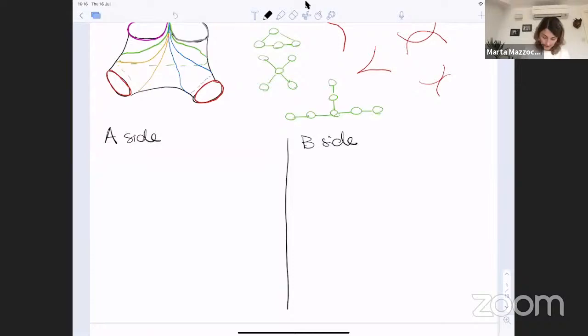On the A side, one has a pair, which is called a Looijenga pair or Calabi-Yau variety. Y is generally a smooth projective surface, and D is a divisor on this surface.